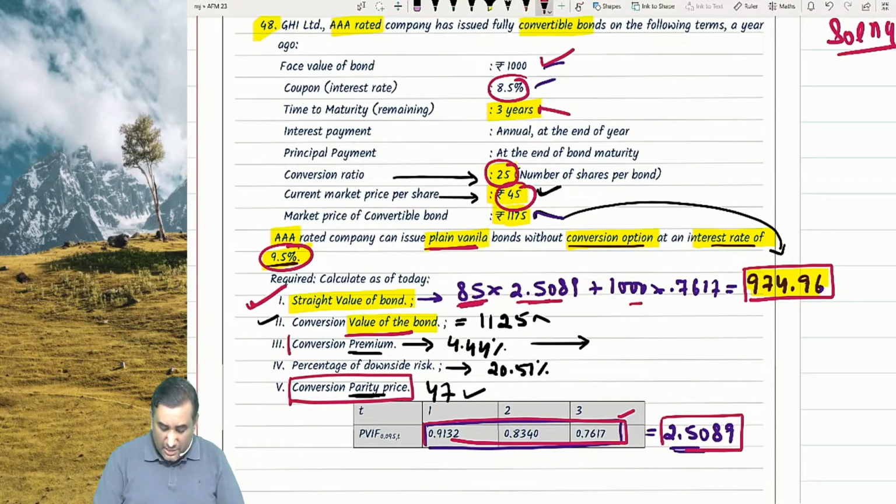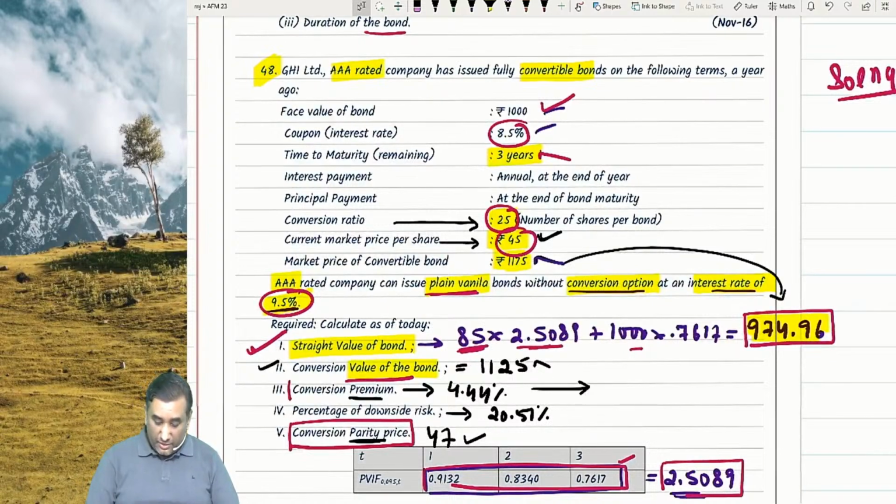Read conversion parity price. Parity is equality. That means at what price you'll be equal. For example, as of now, when you convert, you are getting 25 shares of 45, so you are getting a worth of 1125, whereas the market price of that bond is 1175.